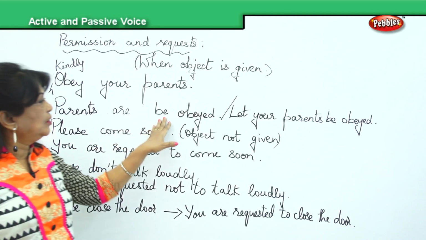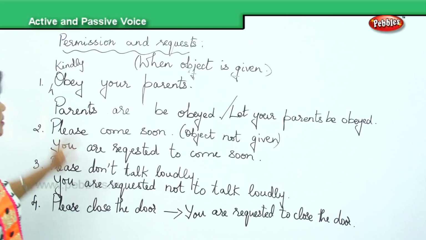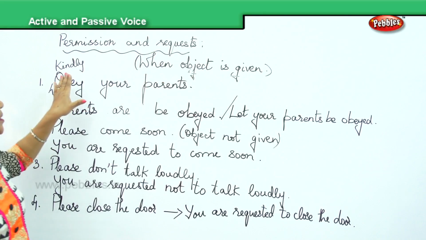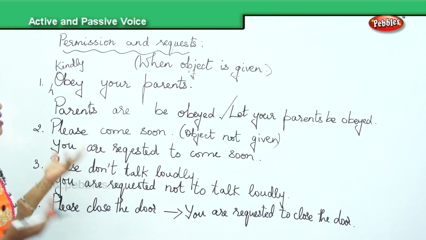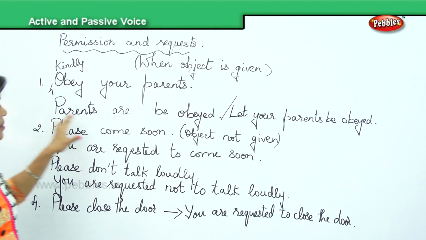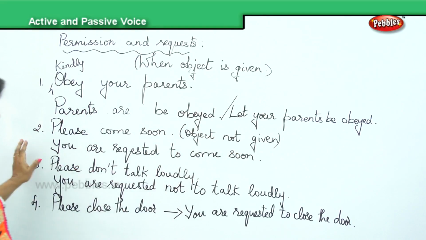Parents are to be obeyed. Let your parents be obeyed. So, all these come under permissions or requests. I am just telling kindly obey your parents, like sometimes we advise people in a very nice way. Parents are to be obeyed. Let your parents be obeyed.